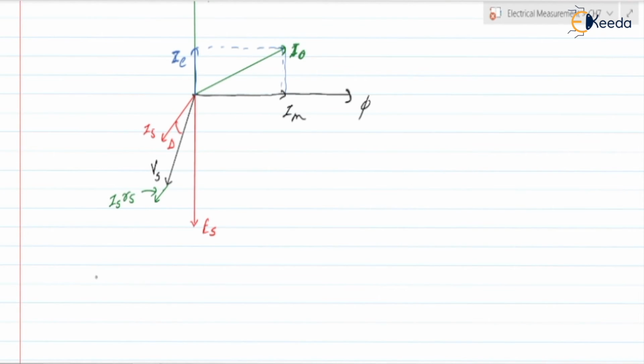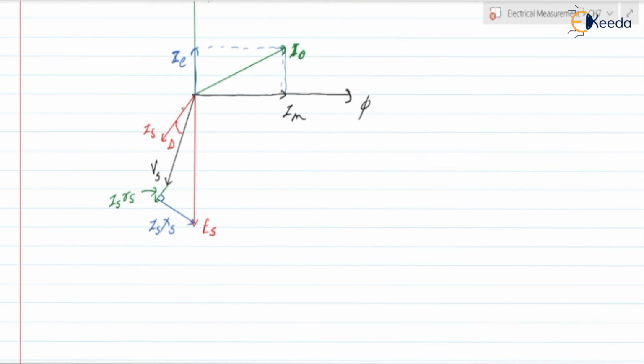And next, IS into XS will be in quadrature, right? Here we will have the IS into RS into XS. This angle is 90 degrees. Okay, this is IS into XS, right?